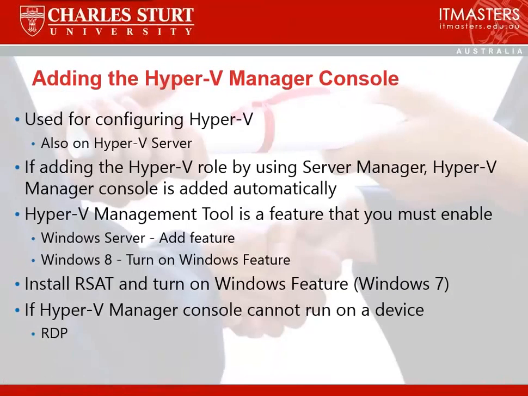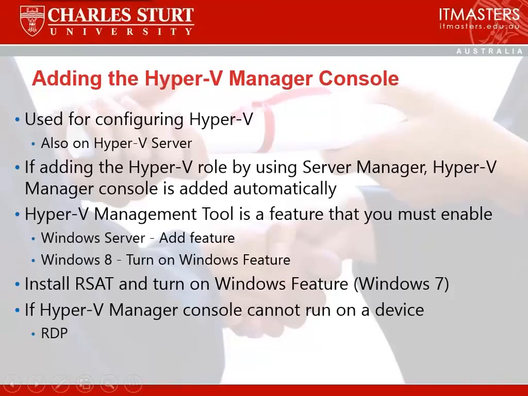So I said you need a Hyper-V management console to manage Hyper-V. I showed you already how you can install it in Windows Server via adding a feature, or in Windows 8 via turning on Windows features.